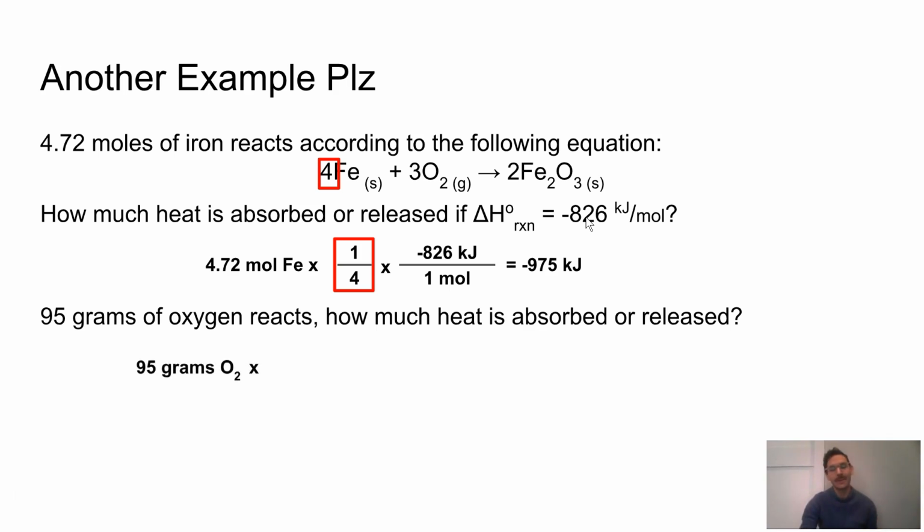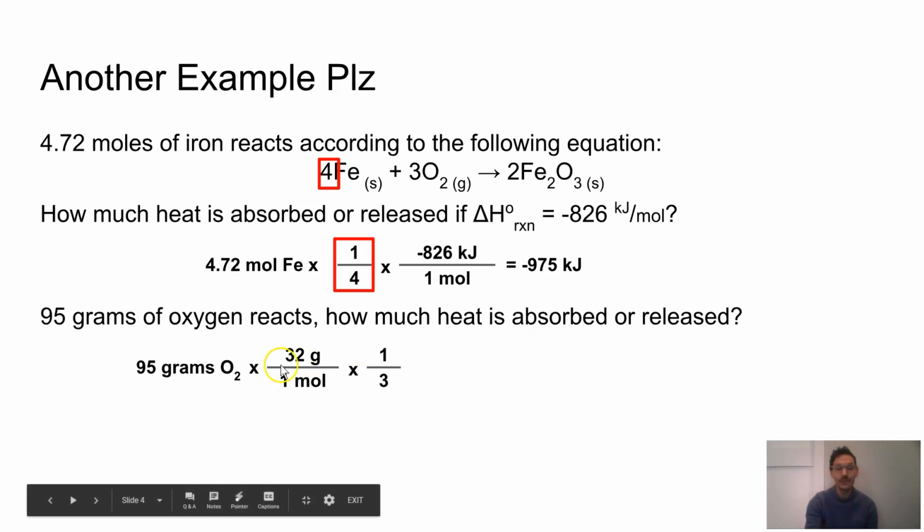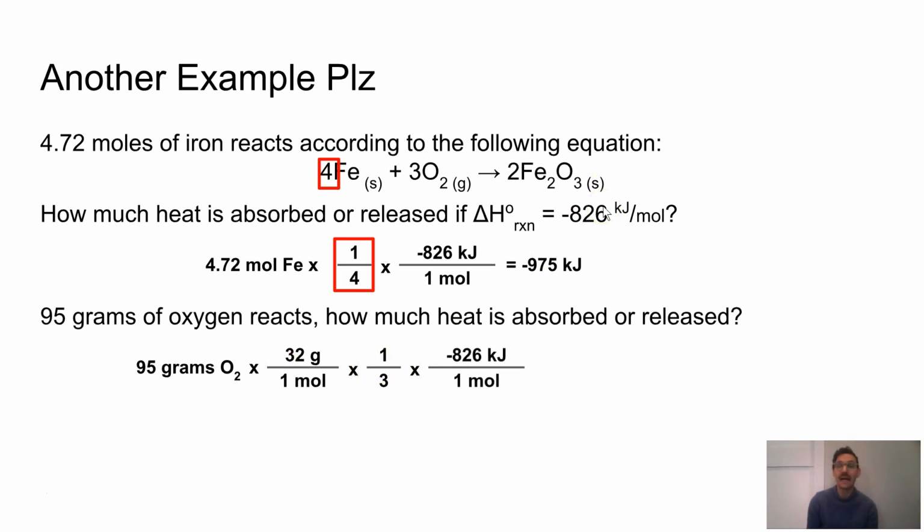So we'll take our 95 grams of oxygen, do some dimensional analysis with the molar mass, and we can convert this. Oh wow, I got fancy. And so now this will give me the moles, and then I can divide by 3 and then multiply by my enthalpy of reaction. And so all my steps put together give me a nice answer of, wow, negative 817 kilojoules. That's how much energy was released.